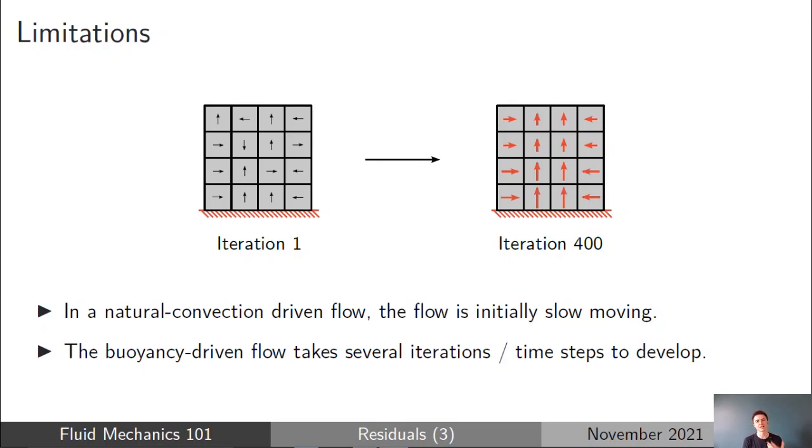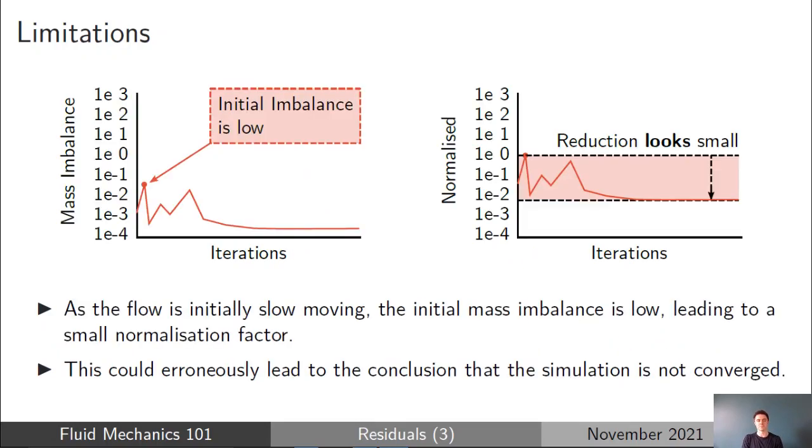Because it takes some iterations for the flow field to actually develop, the flow is initially very slow moving, and so the mass imbalances initially are actually very small.